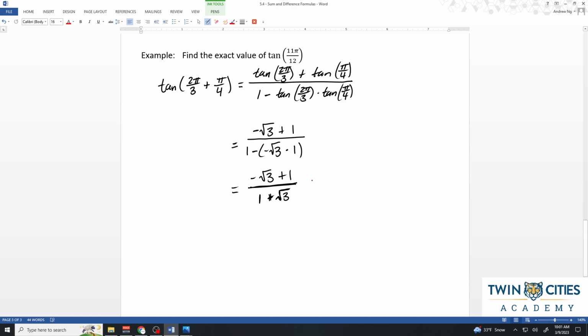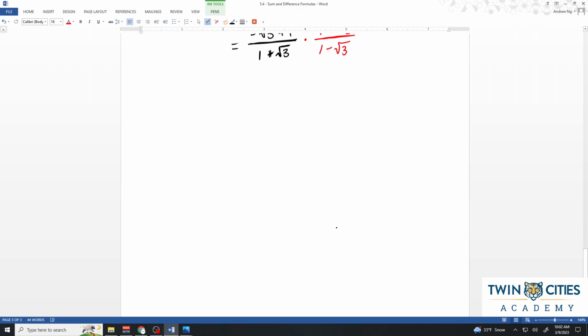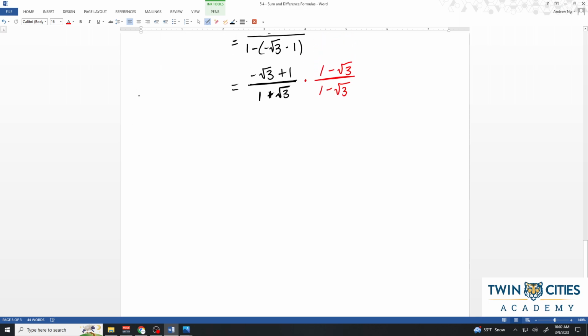So what that means is I need to multiply the top and the bottom by 1 minus the square root of 3. Okay, so really that's going to be multiplying the top parts together and multiplying the bottom parts together. I'm going to do 2 boxes. So let's do the top box right here.